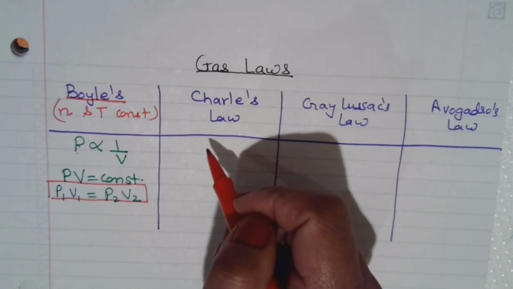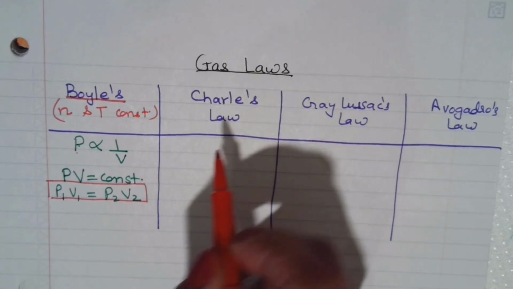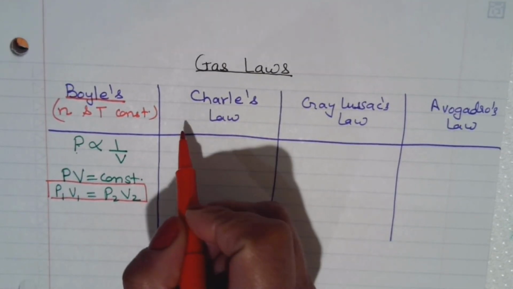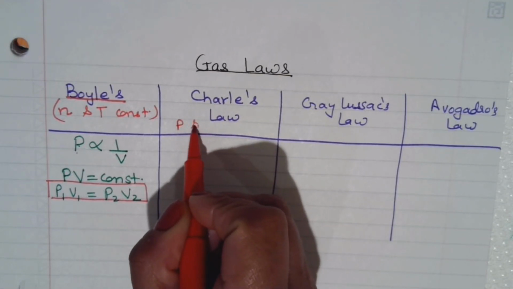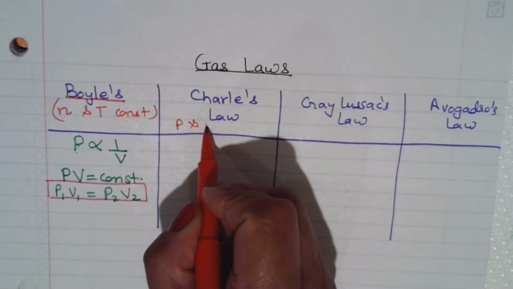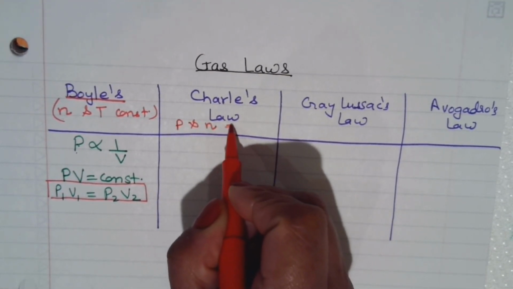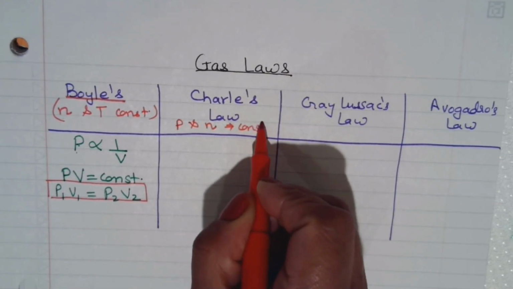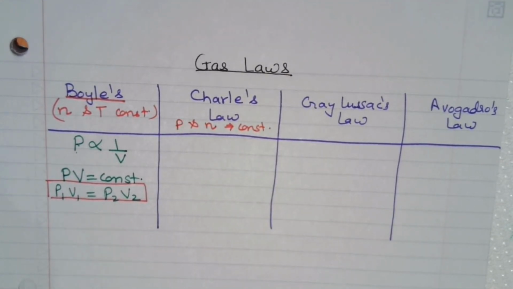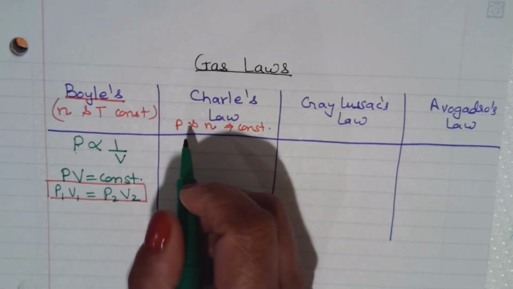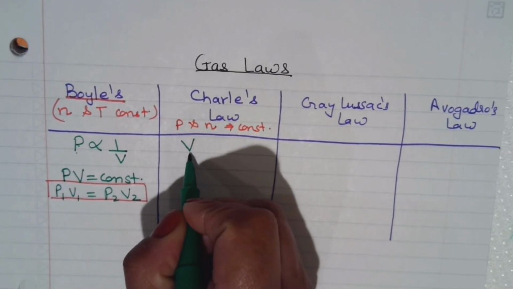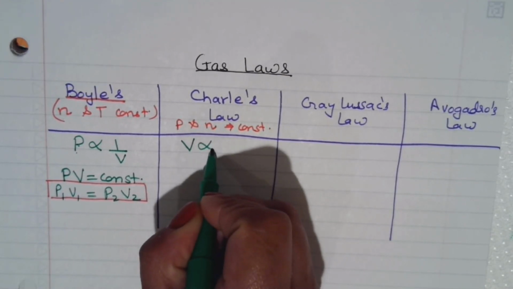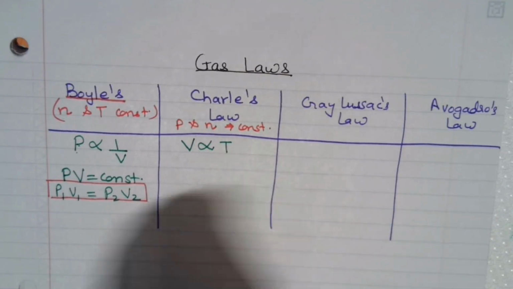Charles' law is a relationship between volume and temperature of the gas, right? So it means we have to keep pressure and number of moles constant. So when pressure and number of moles of a gas are kept constant, we can say that V, the volume of a gas, is directly proportional to its temperature, right?